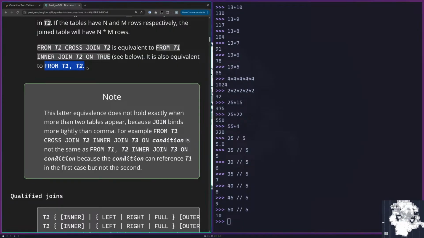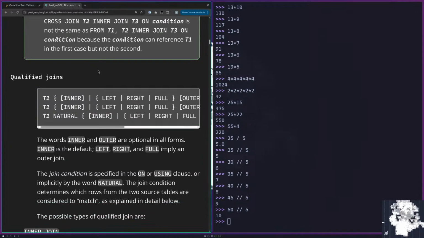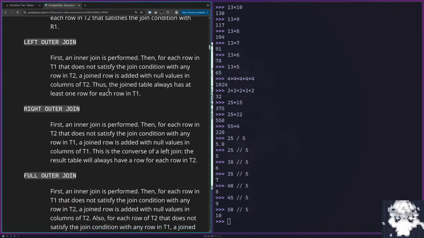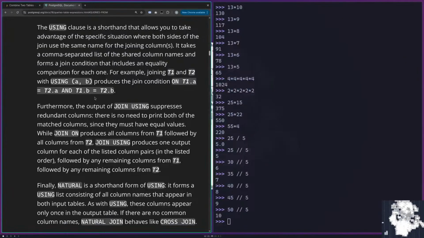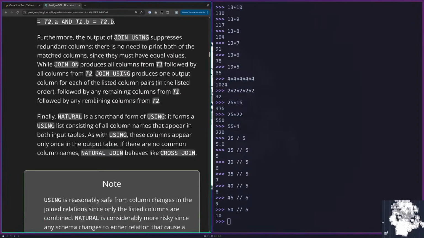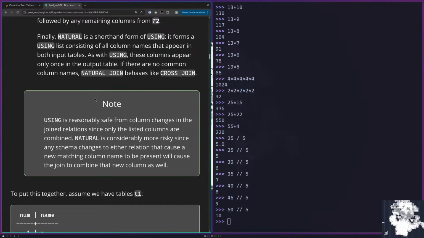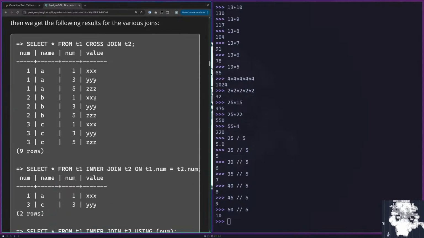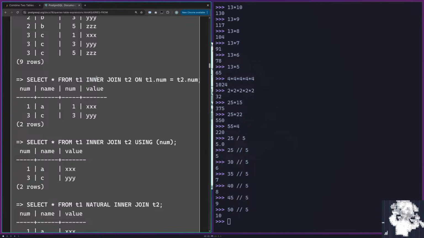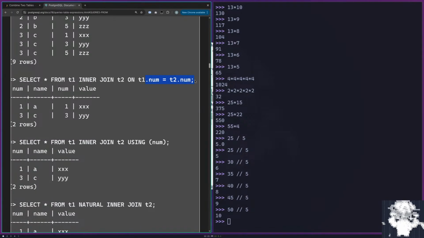You can do table 1, comma, table 2. How do I name each table? From T1 cross join T2. Okay. Oh.